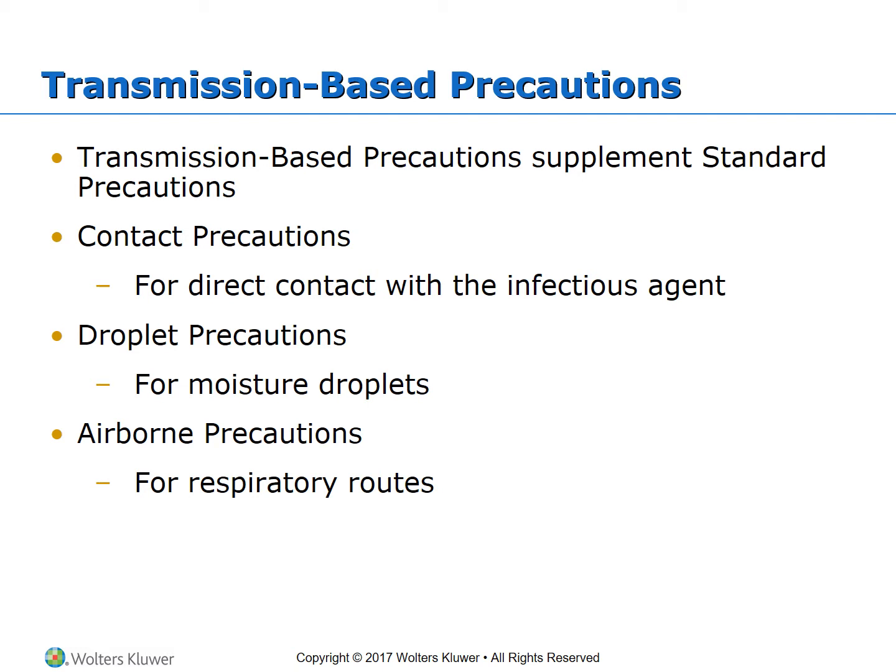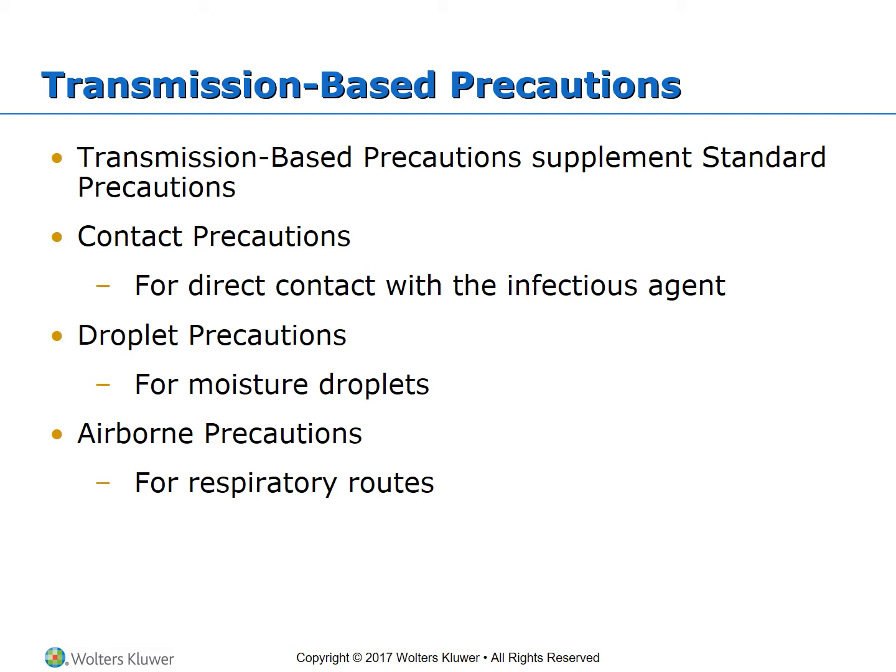They can have direct contact. That is one of the ways, direct contact with the infectious agent. You would use contact precautions. Moisture droplets that connect with humans through close respiratory or mucous membrane contact, you would use droplet precautions.